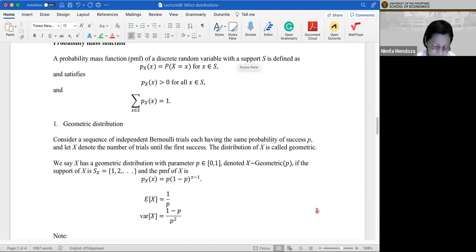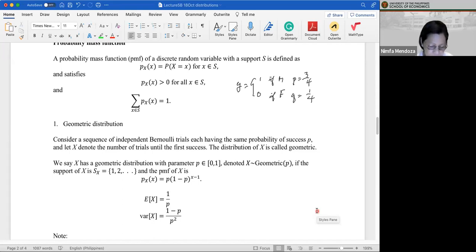Okay, so let us have the Bernoulli random variable, 1 or 0, 1 if male, with probability p equal to 3/4, 0 if female, therefore the probability is 1/4.